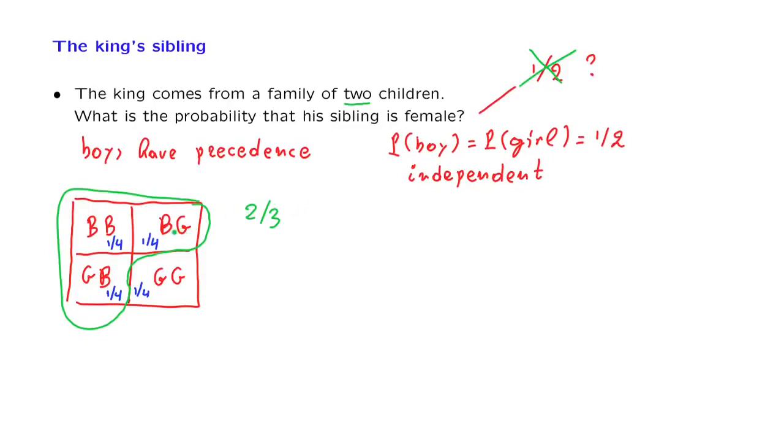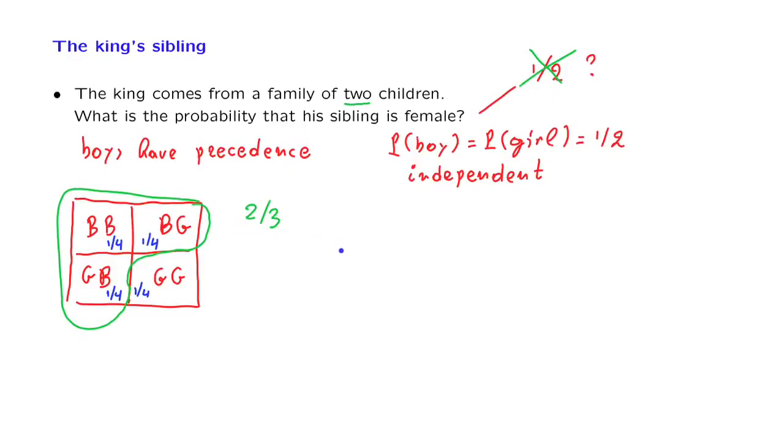At least one turned out to be a boy, and that boy became a king. Under this situation, indeed, the probability that the sibling of the king is female is 2/3. But these assumptions that I just stated are not the only possible ones. Let's consider some alternative assumptions.